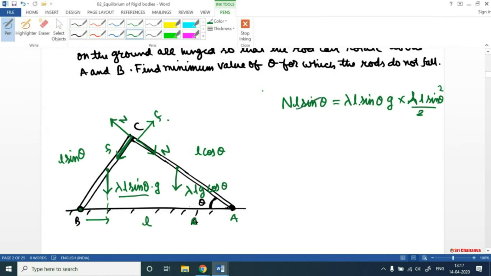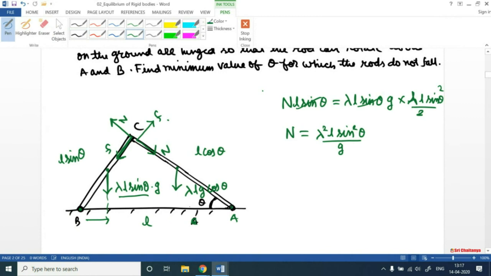So L sin theta and L sin theta get cancelled, and what we get is that the normal would be equal to lambda L sine square theta G by 2. So that would be the normal.